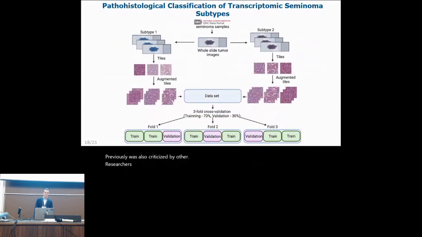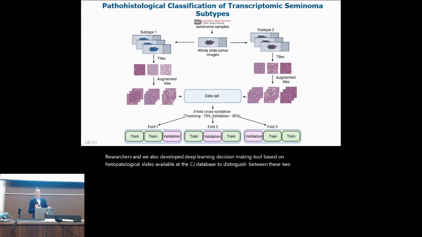We also developed a deep learning decision-making tool based on histopathological slides available at the TCGA database to distinguish between these two subtypes using only images from these slides. The most important thing here is that pathologists cannot distinguish between these two subtypes just by looking at the slide, and that's why we tried deep learning approaches to help here.